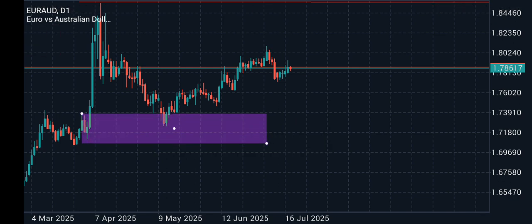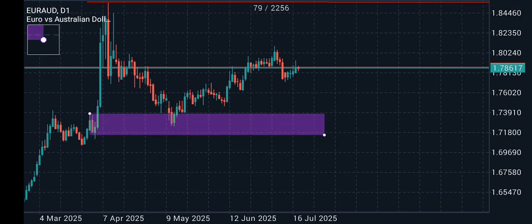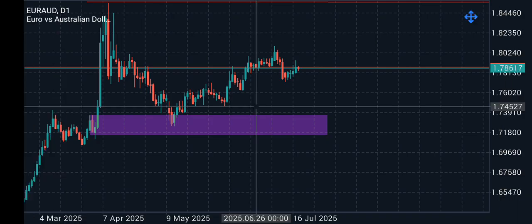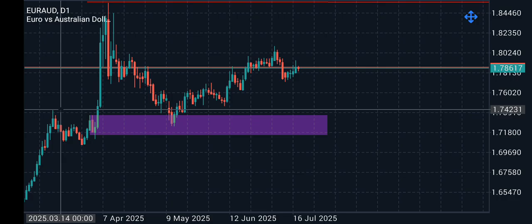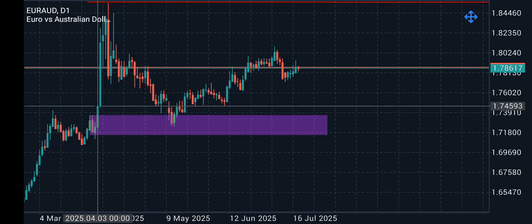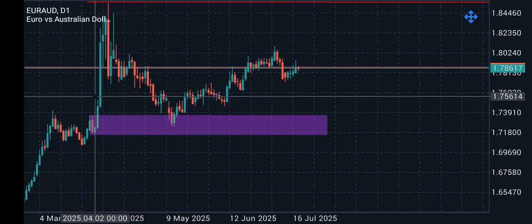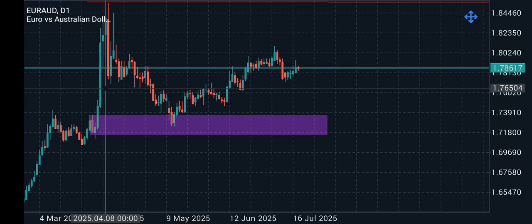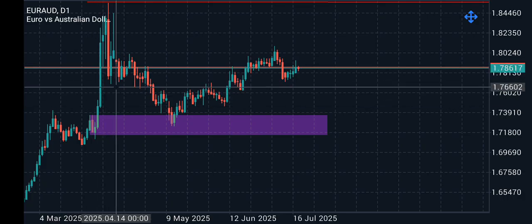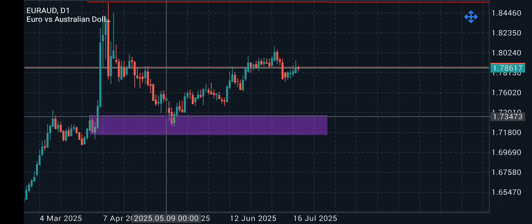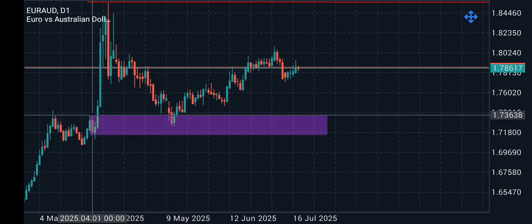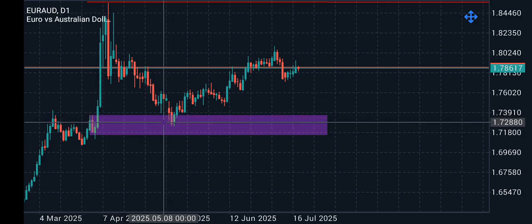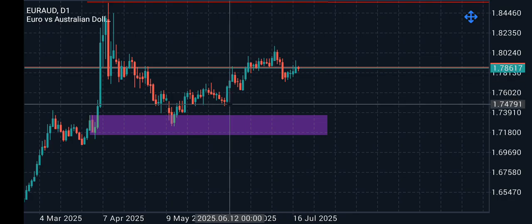It reacted from this daily order block after filling the imbalance, which, after breaking this structure to the upside with an impulsive candle, price created a huge inefficiency. Price later came back to refill the inefficiency, reacting from this daily order block, and reacted to the upside.